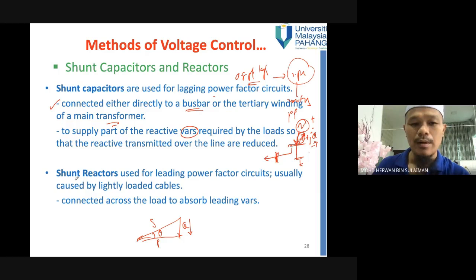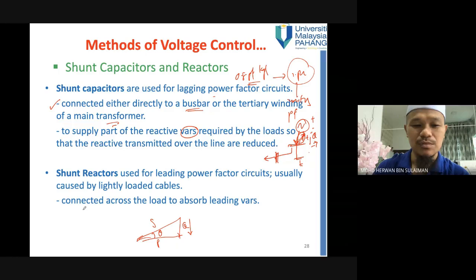Okay, and then shunt reactors are used for leading power factor. You need to make sure your capacitor does not inject more than required, because when it is more than the system requires, you make your system leading power factor. When leading power factor circuits happen, shunt reactors are used, for example with lightly loaded cables, because your load is very light so the system becomes under load.